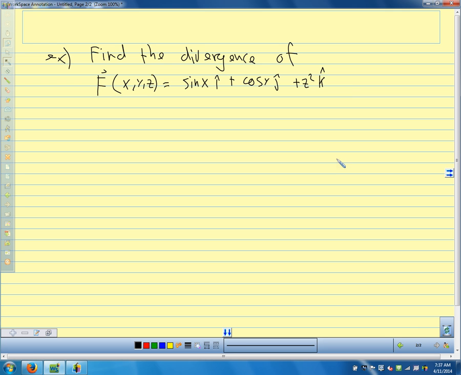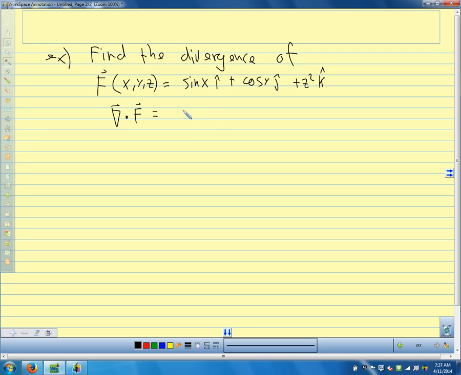All right, so there's our vector field. We want to find the divergence of this vector field. So we're going to find del dot f. We're going to form our dot product. So let me just write this out.